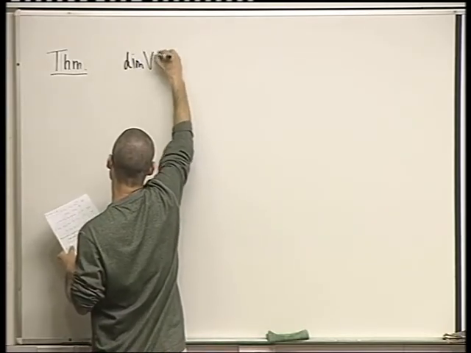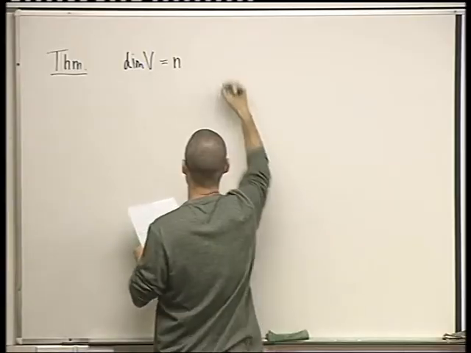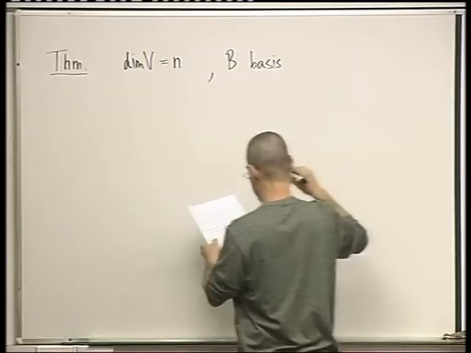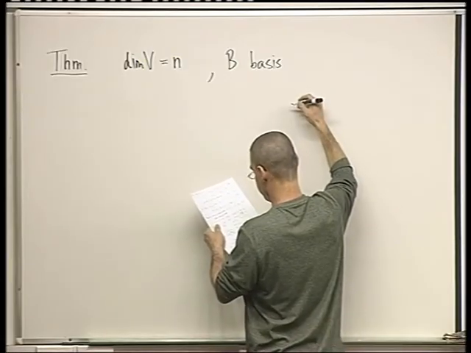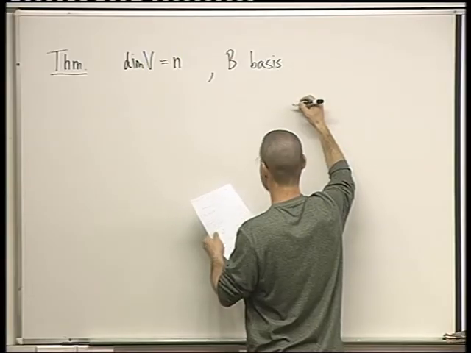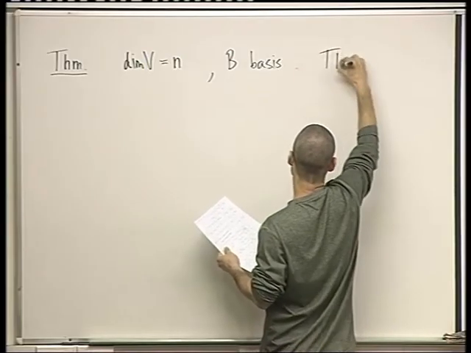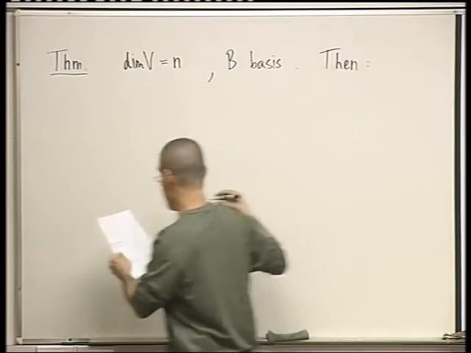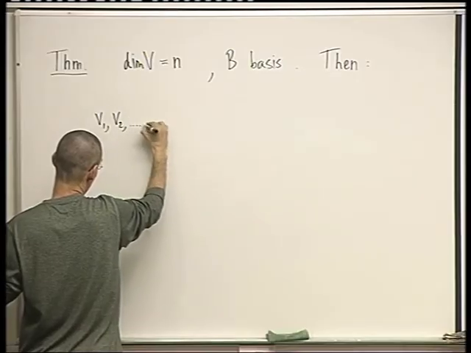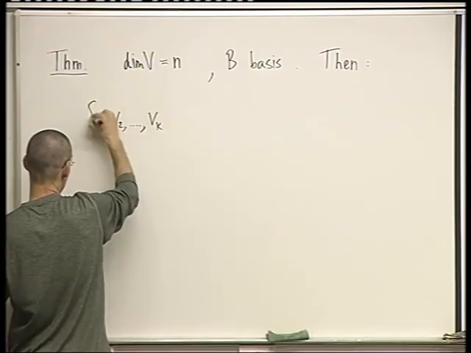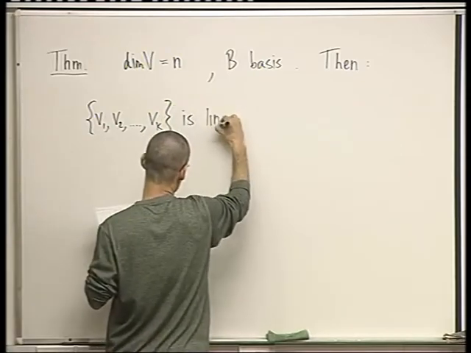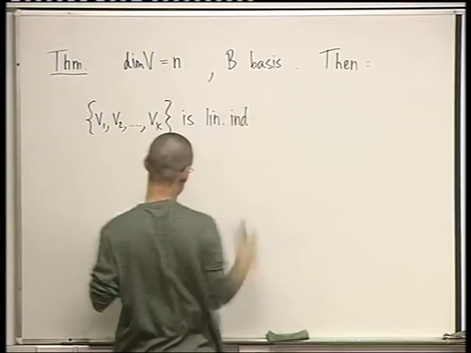So, dim V equals n, B is a basis, then a set of elements v1, v2, up to vk is linearly independent.